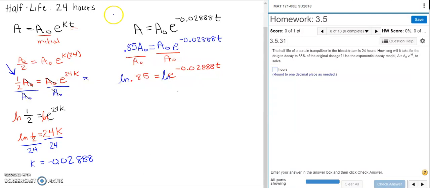Those will cancel. I have the natural log of 0.85 equals negative 0.02888 t. So to get t by itself, I divide by this obnoxious decimal. It's so long.